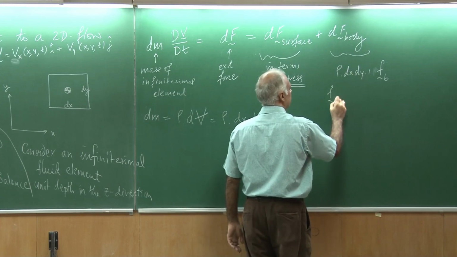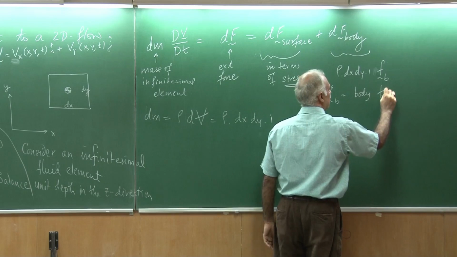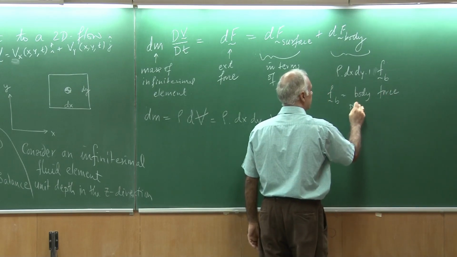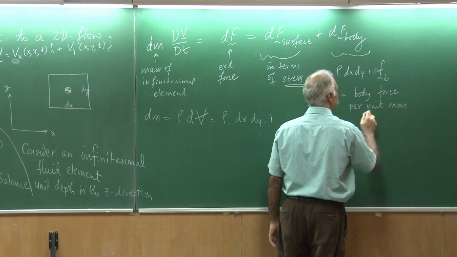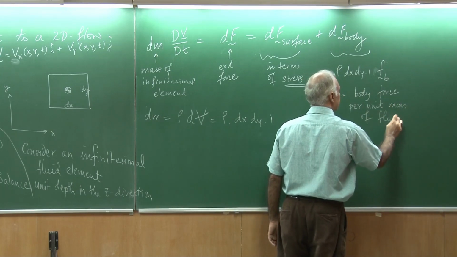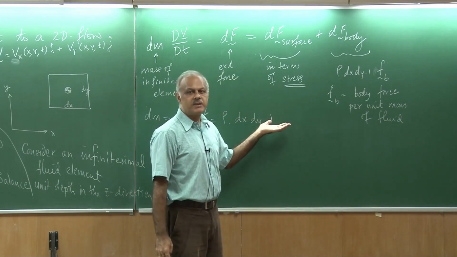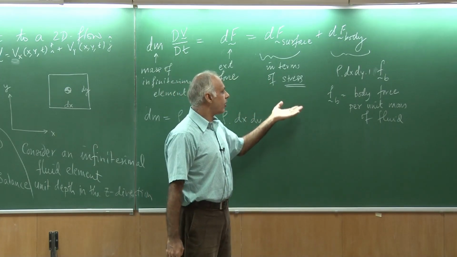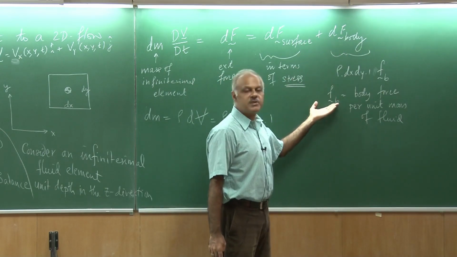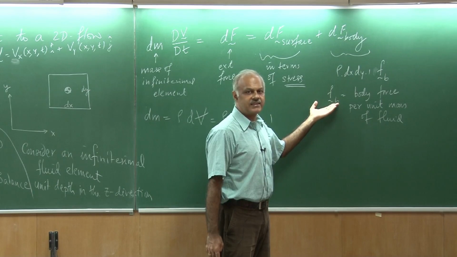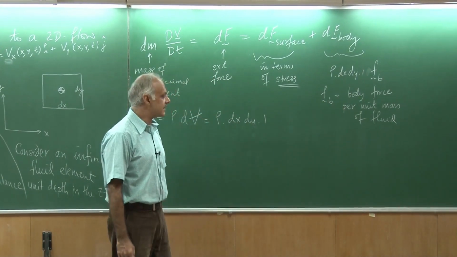So, Fb is actually the body force per unit mass of fluid. An example of that would be the weight of the fluid. So, obviously, if I wanted to get the weight of the fluid, then this Fb would be g, the acceleration due to gravity, with of course the correct vectorial direction.